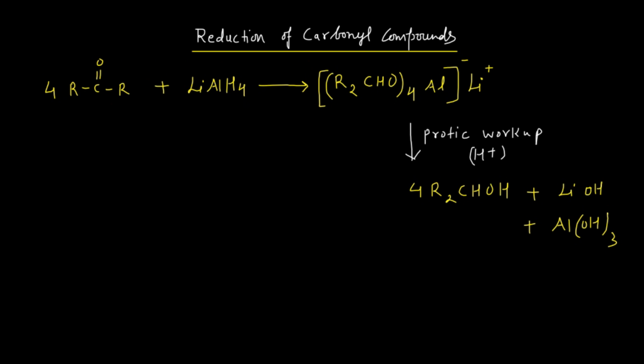This is a very important advantage. Another advantage is that generally lithium aluminium hydride cannot reduce an isolated double bond. But if your double bond is in conjugation with the phenyl ring, then of course you can reduce that double bond as well. We'll see an example of this later on. Okay, so this is the general reaction.